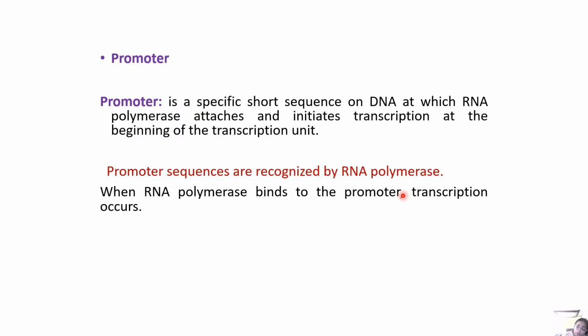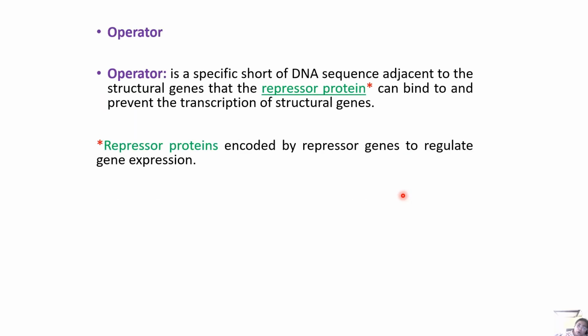A promoter is a specific short sequence on DNA at which RNA polymerase attaches and initiates transcription at the beginning of the transcription unit. When RNA polymerase binds to the promoter, transcription occurs. The operator is a specific short DNA sequence adjacent to the structural genes that the repressor protein can bind to and prevent the transcription of structural genes.